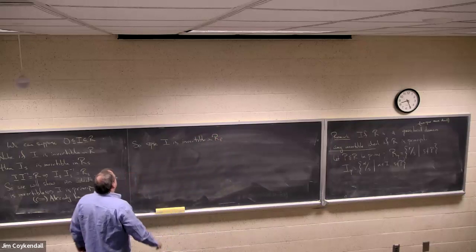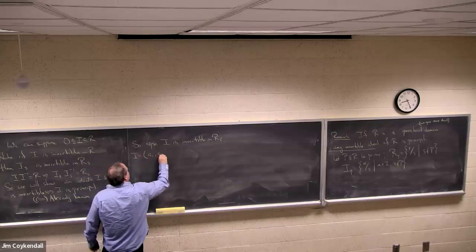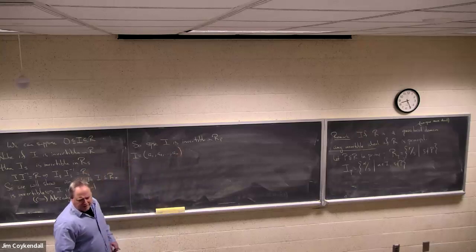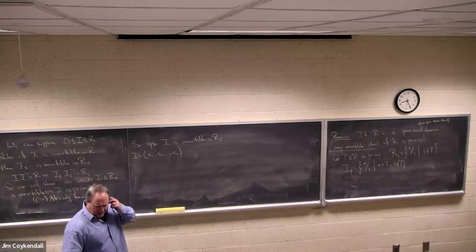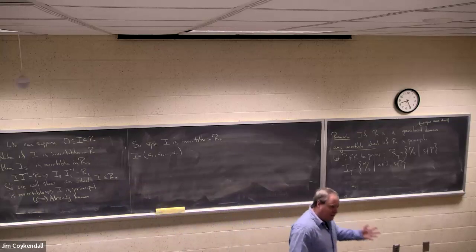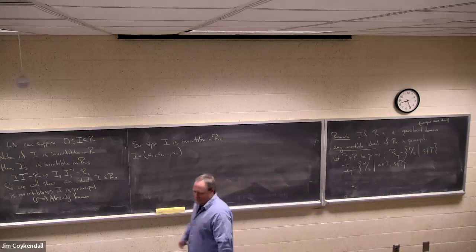And suppose that I is generated by A1 to AN. Of course, we're using the previous result, because we know that if it's invertible, it has to be finitely generated, right? So we've got that going for us.